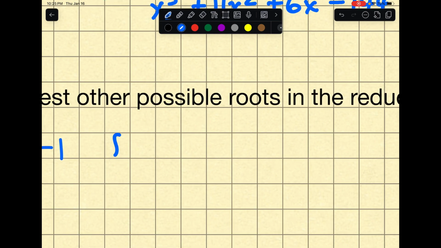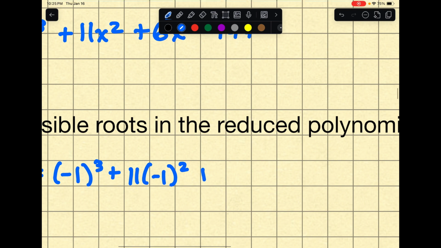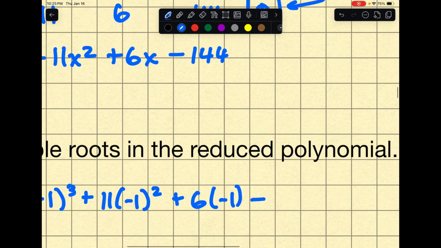So we're going to say f of negative 1 is equal to negative 1 cubed plus 11 times negative 1 squared plus 6 times negative 1 minus 144.